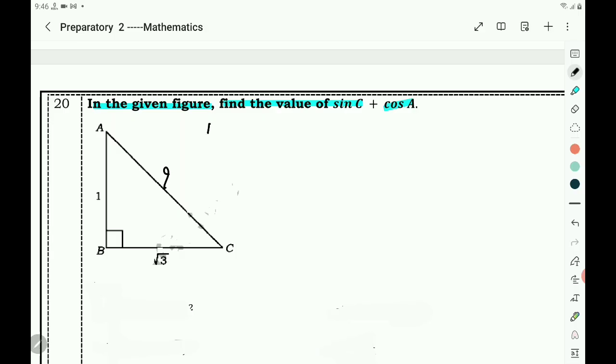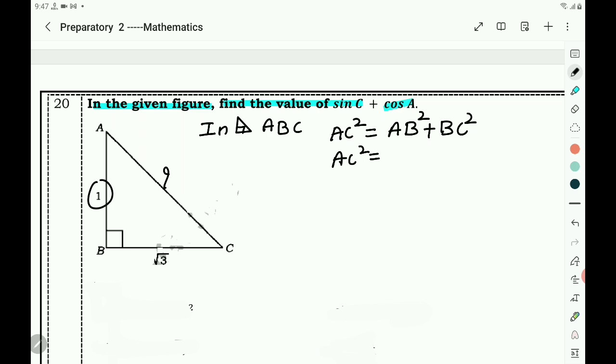Right, in right angle triangle ABC, here what we have to find out? We have to find AC. AC square equals AB square plus BC square. Then AC square equals AB is 1 square plus BC is root 3, write root 3 whole square.